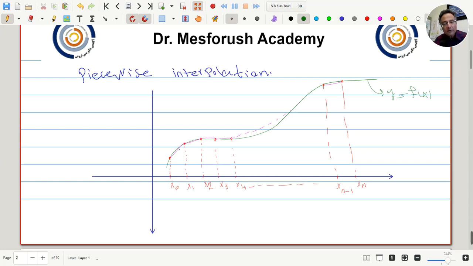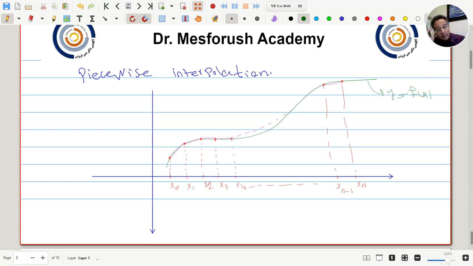Each of these lines has an equation like y equal to ax plus b, and if we connect all of these lines, we find a polynomial where each part has degree 1. Okay, this is the piecewise interpolation.